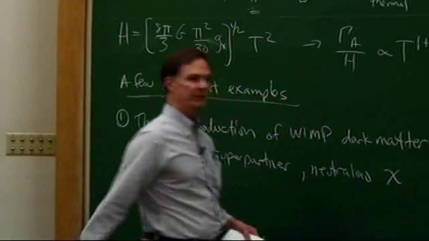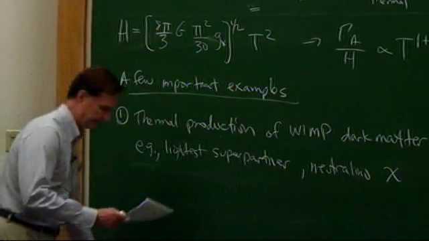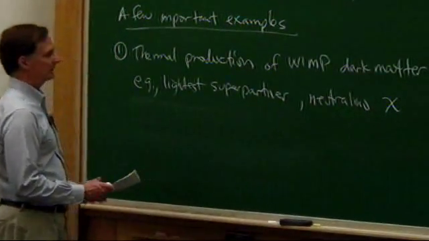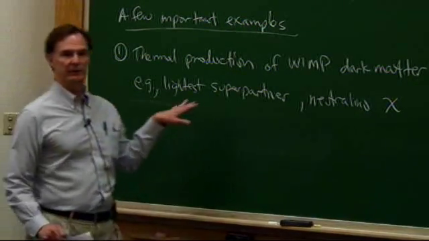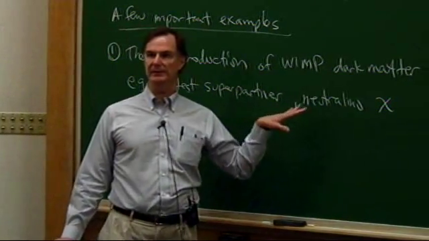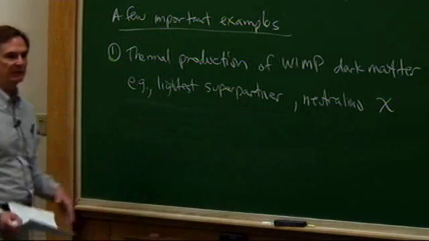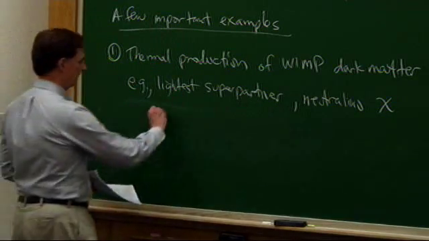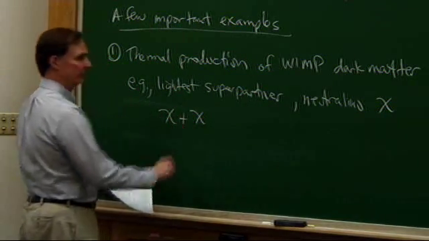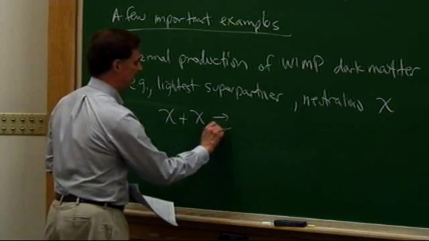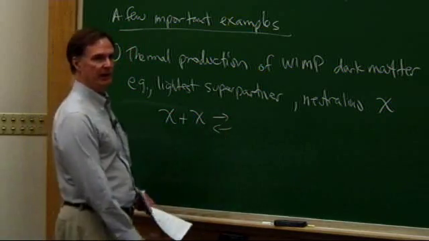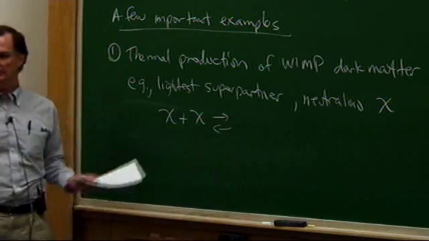And there's a lightest one, I'm just going to call it chi. And in the supersymmetric models, this neutralino is typically a Majorana fermion. So two of them can annihilate into many different products depending on the masses.